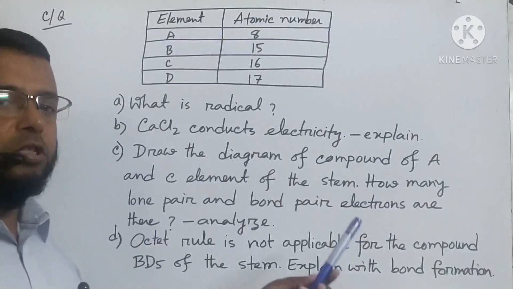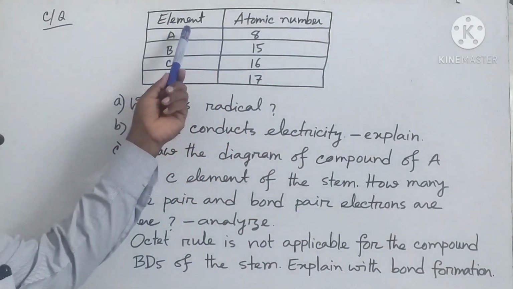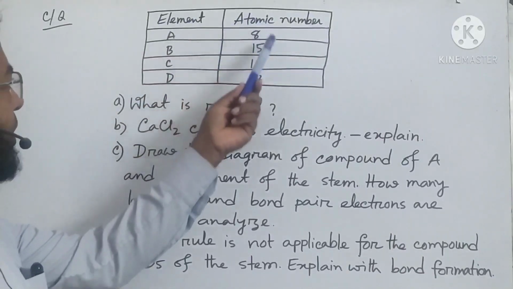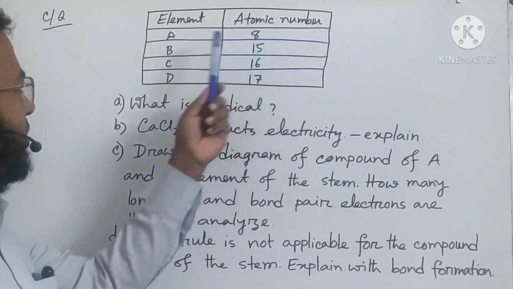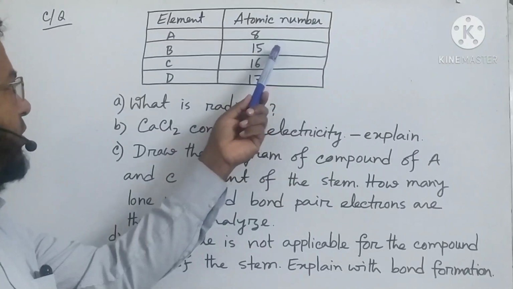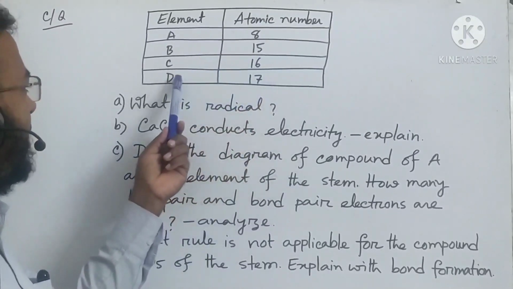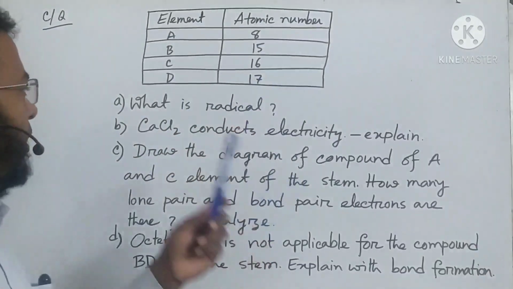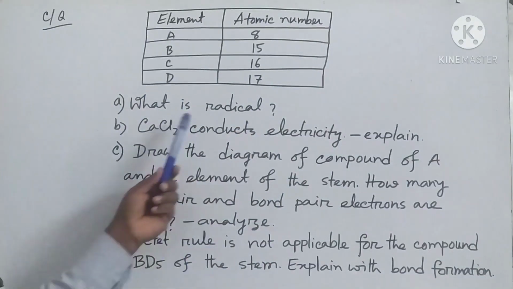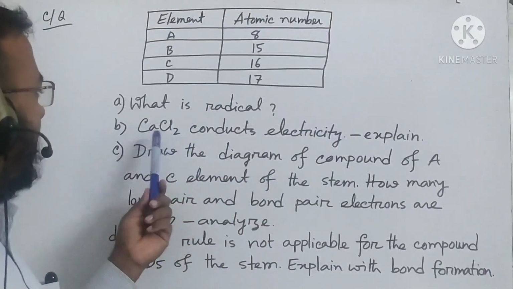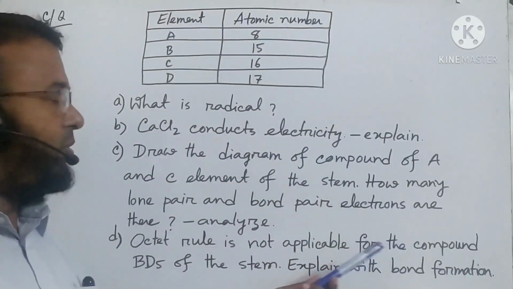Okay, now creative question number 2. I have written the question, everybody see. I have written here the element and its atomic number. A8, that means oxygen. B15, that means phosphorus. Then C16, that means sulfur. And D17, that means chlorine. Now we have to write the answer. What is a radical? Number B, calcium chloride conducts electricity, we have to explain.